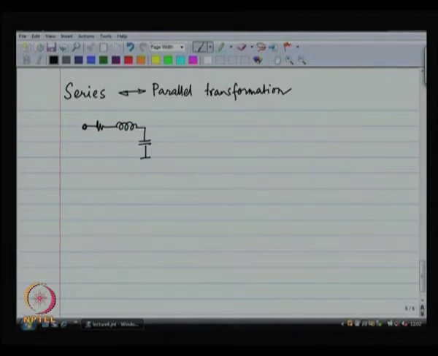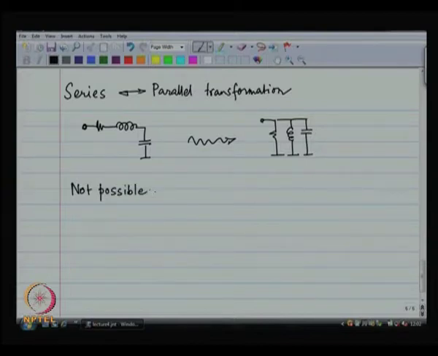Is it possible to transform this into an equivalent parallel RLC network? Is it possible to do this? So, point blank the answer is no. Why not? Why is this not possible? I said no. Why not?